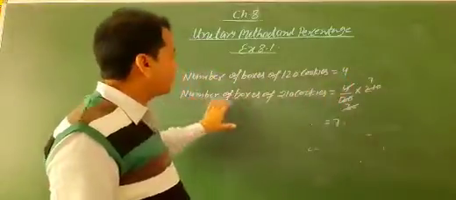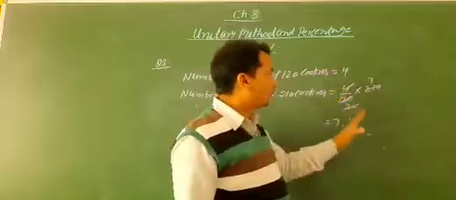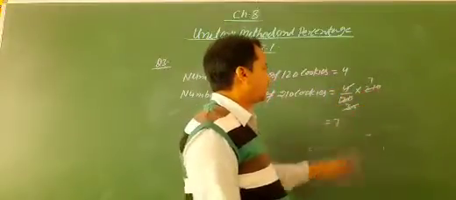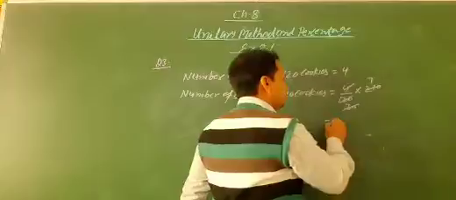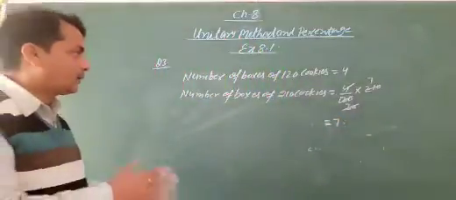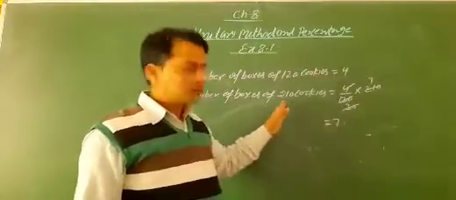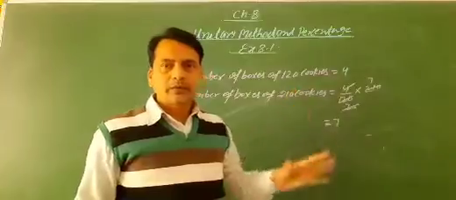So the number of boxes for 210 cookies is 4 by 120 into 210, which equals 7. So it is clear that 7 boxes are needed to pack 210 cookies.